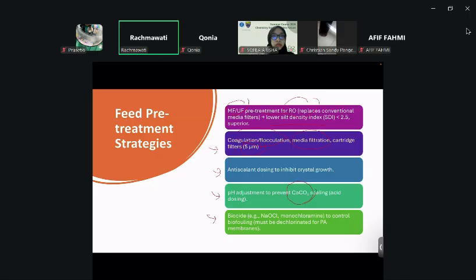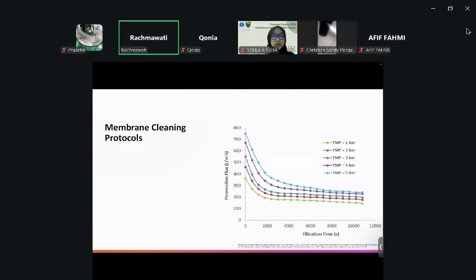Or you can use biocides such as NaOCl or monochloramine to control biofouling, but it must be dechlorinated for polyamide membrane. Yeah. And for the membrane cleaning protocol, you can have physical cleaning: backwashing, forward flush, air scouring, osmotic backwashing using pressure.